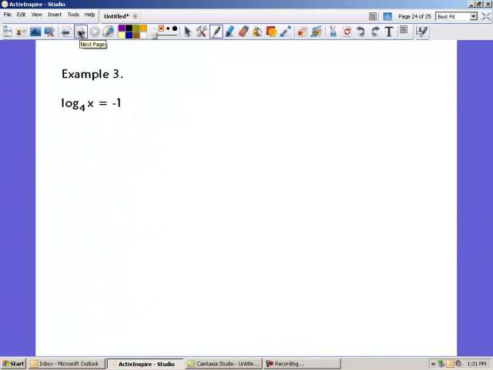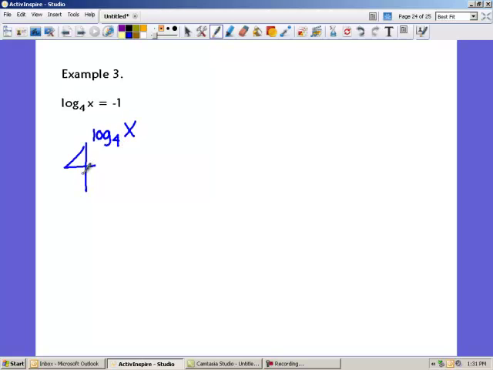Example 3, again, if you don't have the log base 4 on both sides, you can't cancel it. So what we can do here, the only way to cancel a log of base 4 is to take that little base and raise all of this.